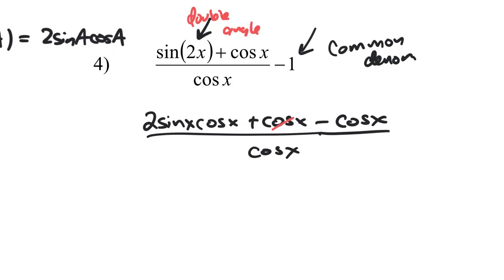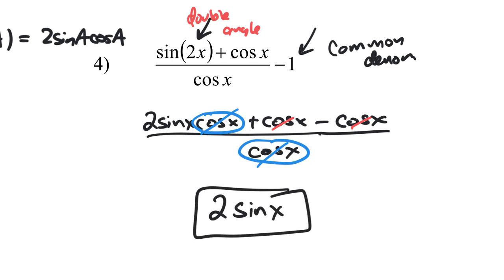I can see that these will cancel, as there's one positive and one negative. And then I have cosine x divided by cosine x. Well, they will also cancel. So when this is all said and done, our simplest form will be 2 sine x.